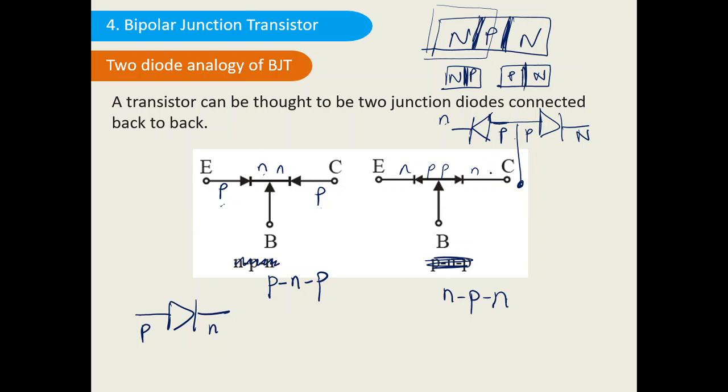This side is the emitter, this side is the collector, and below is the base. So the complete transistor can be considered as two diodes connected back to back like this. All of you please do the correction in the textbook so that you won't read the wrong things.